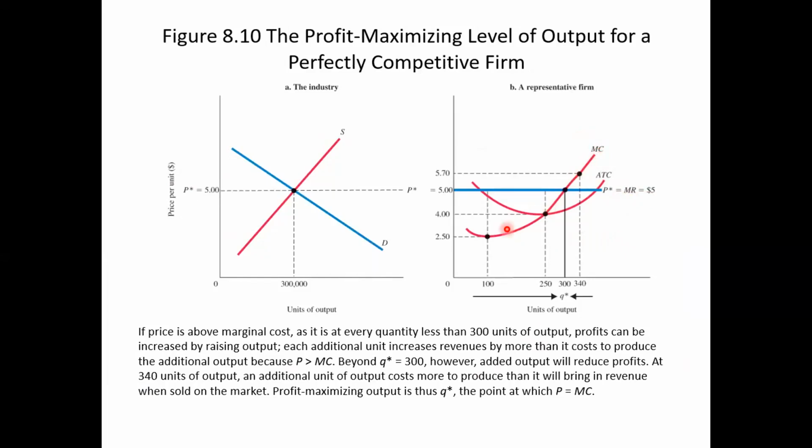So here's our marginal cost curve, and it crosses the blue line right at this point, at a quantity of 300. So 300 is our magic number, and we draw a vertical line there. All your analysis is in reference to the quantity of 300. Now, if this price from the industry ever changes, you have to go back and redo marginal revenue equals marginal cost, and find the new quantity.